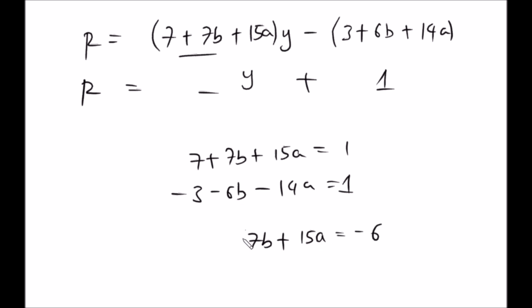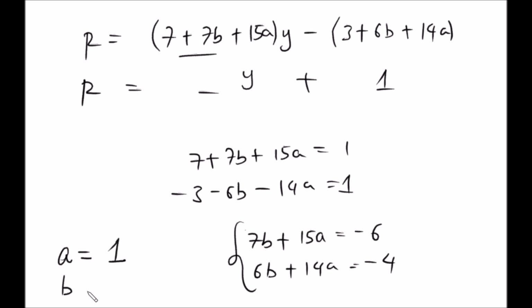Alafu huku chini tutapata 6b plus 14a is sawa na negative 4. So I'm gonna solve these two simultaneously. You can use your calculator. A itakuwa ni sawa na positive 1, alafu b itakuwa ni sawa na negative 3.